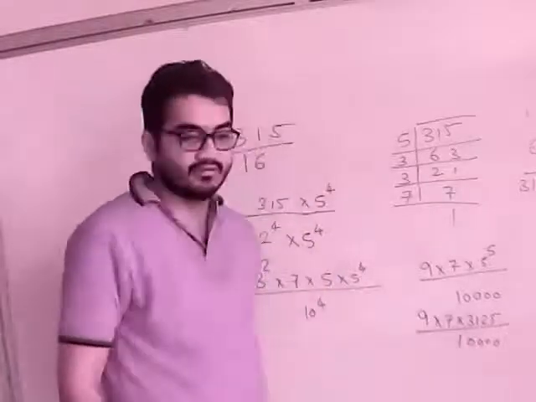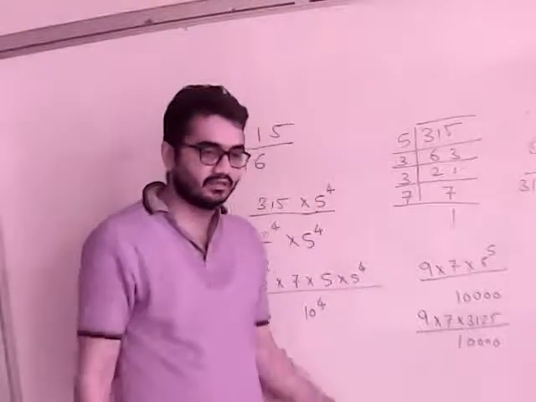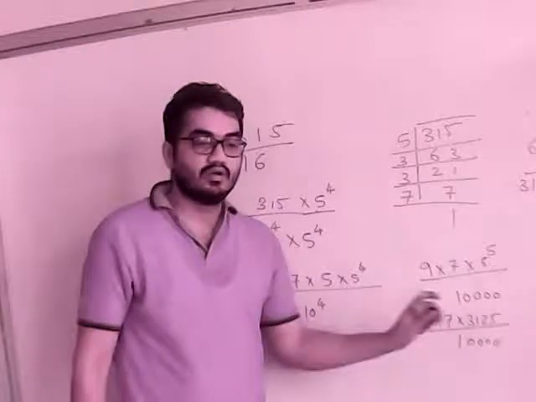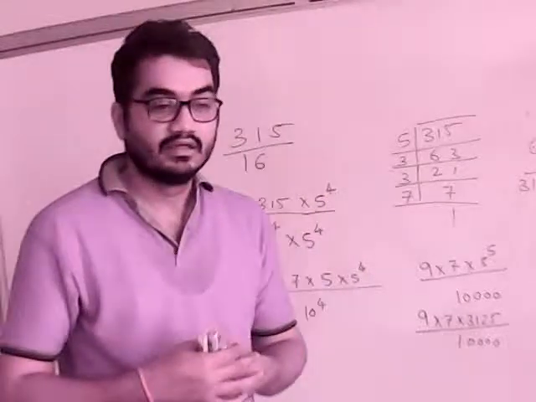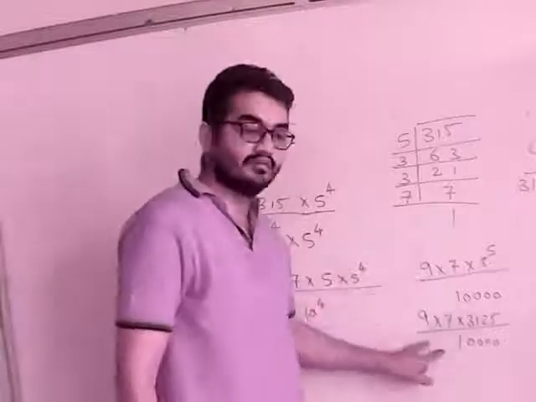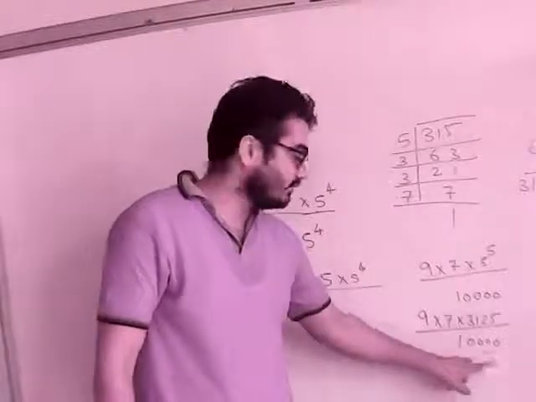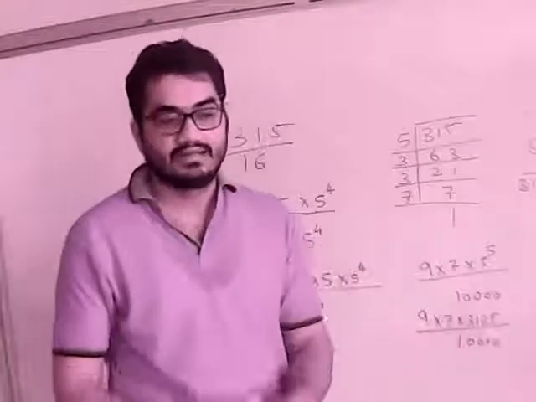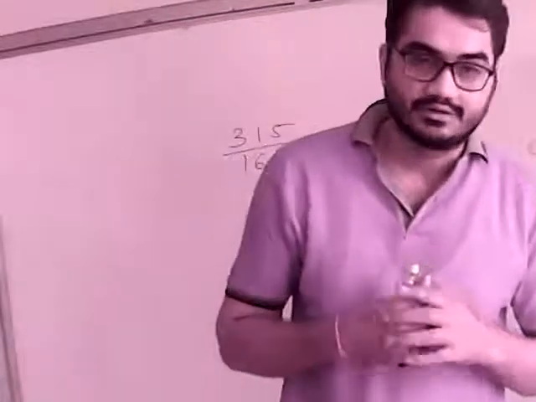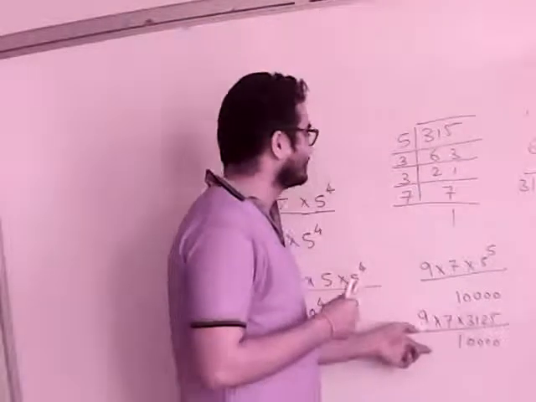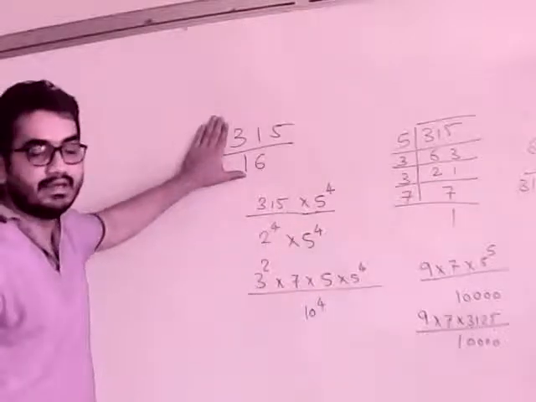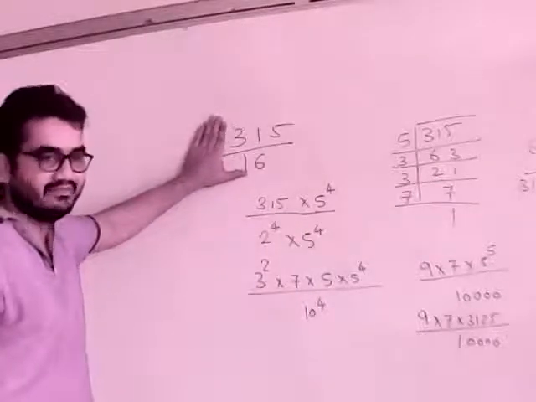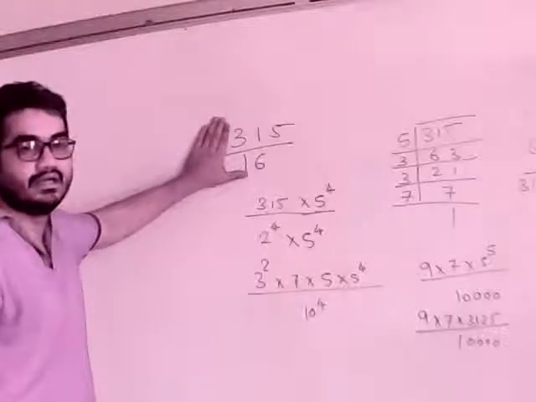Now whatever the number you are going to have, this will be a terminating number. That is for sure we can write. Why? Because on the bottom we are having the multiples of 10 in the factor of 10. Okay, so by that we can say that 315 upon 16 is a terminating number.